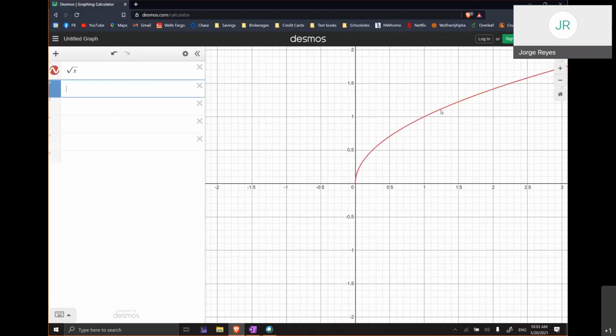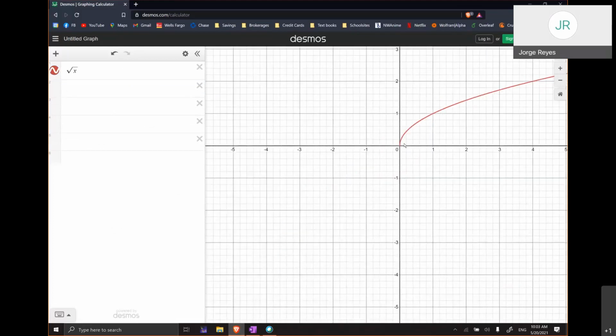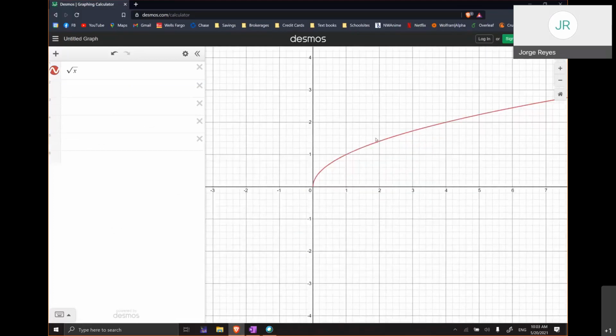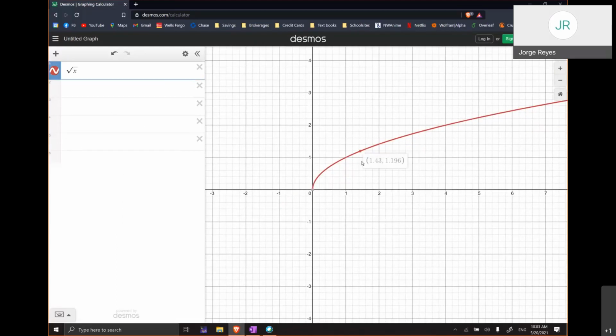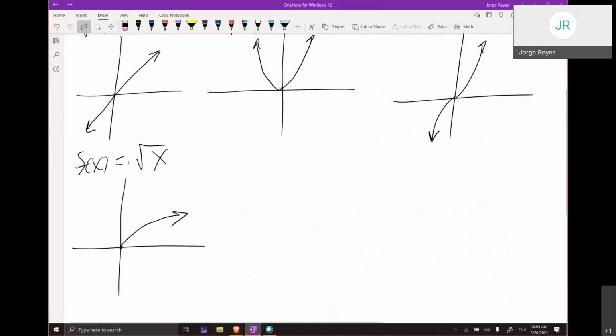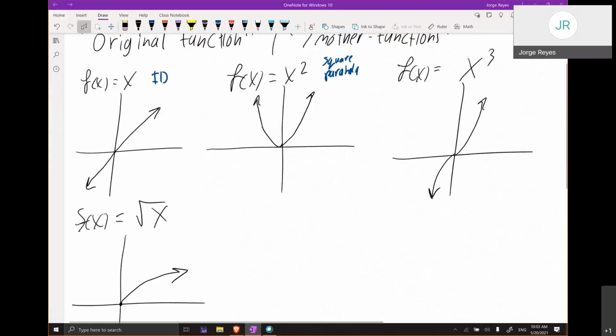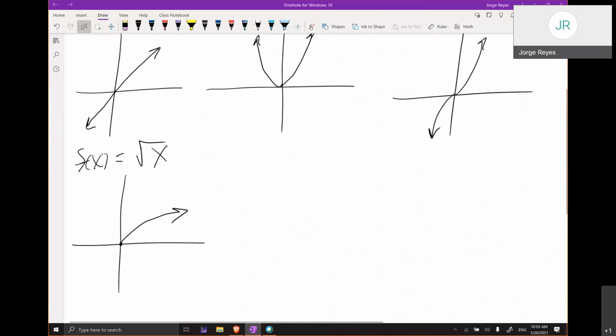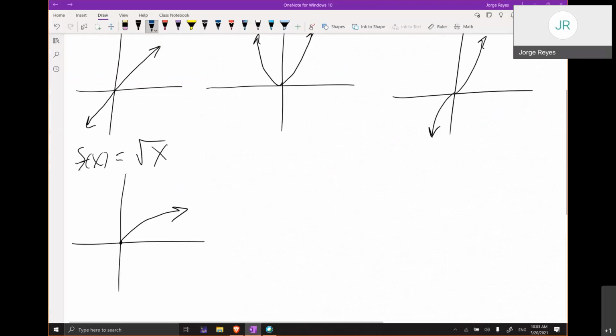And we see the graph looks like what I said it looks like. But we also see that the computer is smart, and if I keep trying to go left, it just stops. It knows that negative numbers are not in the domain. So this is the first and probably only function with a domain that isn't negative infinity to infinity. Remember, this one has domain 0 to infinity.